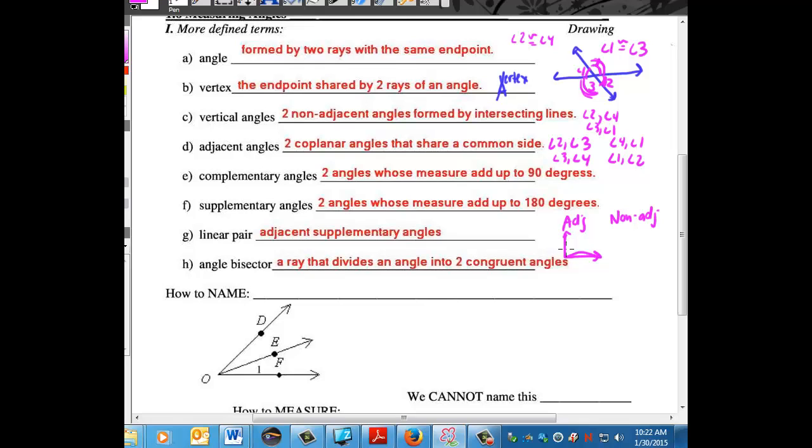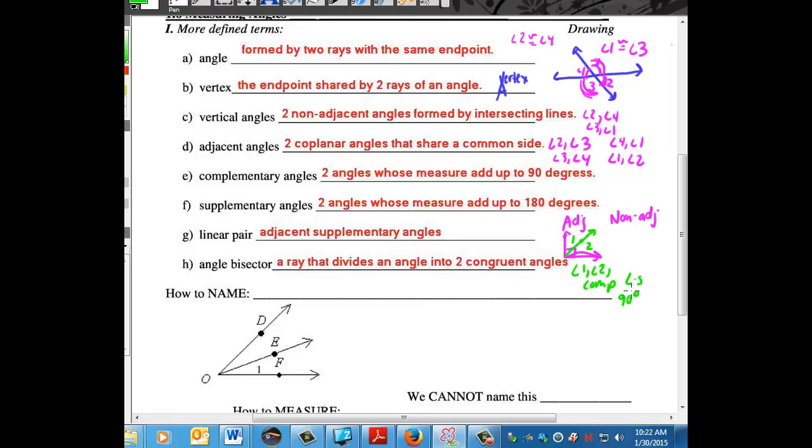Let's put a box here. And then let's say that I drew a third ray out, and it's going to hit here, and then it's going to keep going forever. Well, I could say that angle 1 and angle 2 are complementary angles because they add up to 90 degrees.